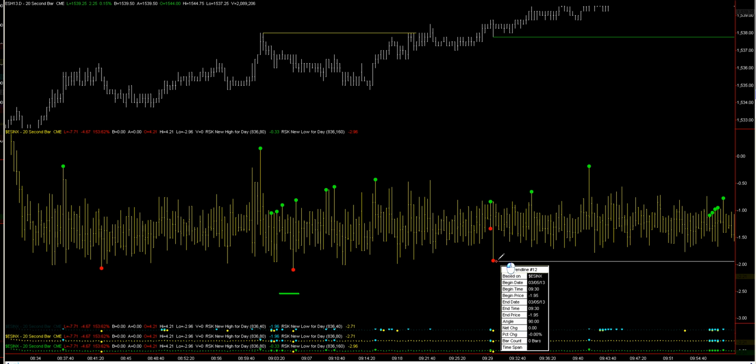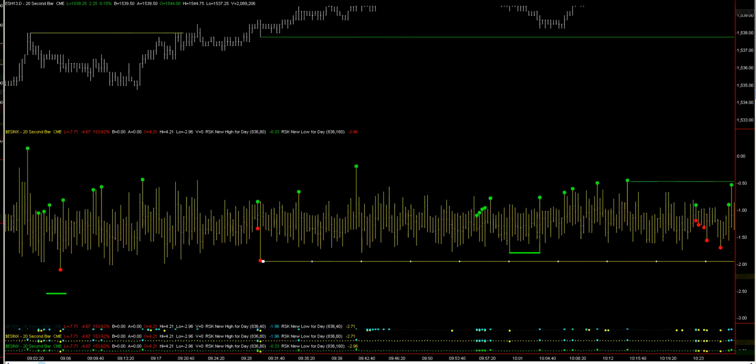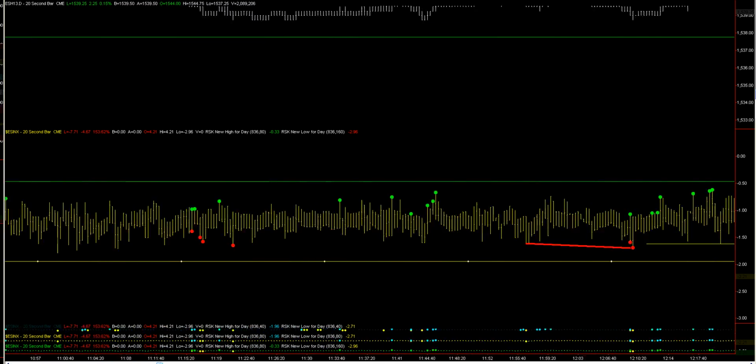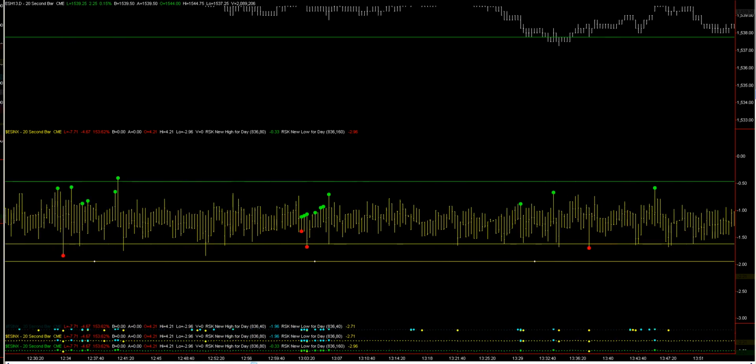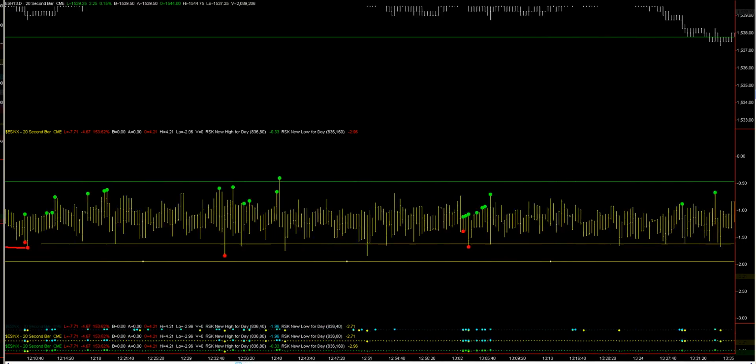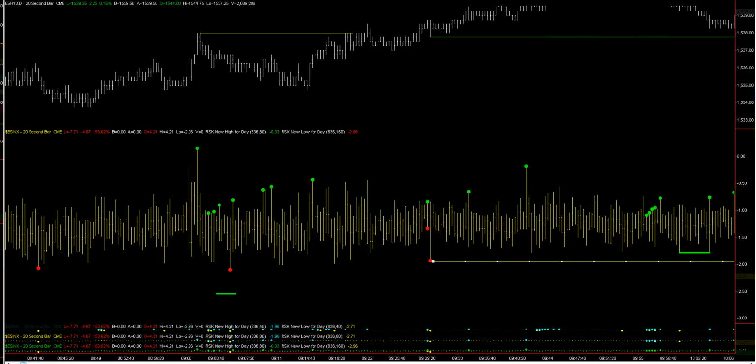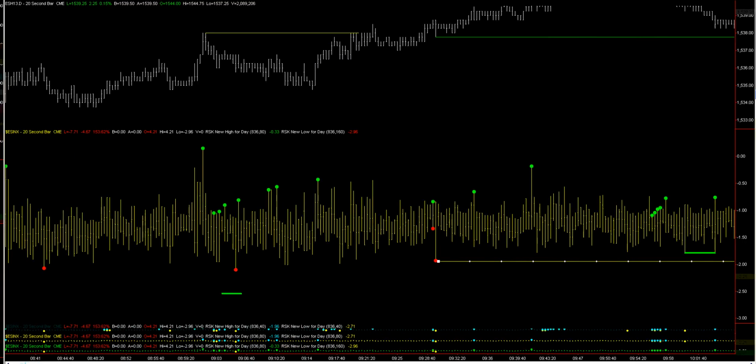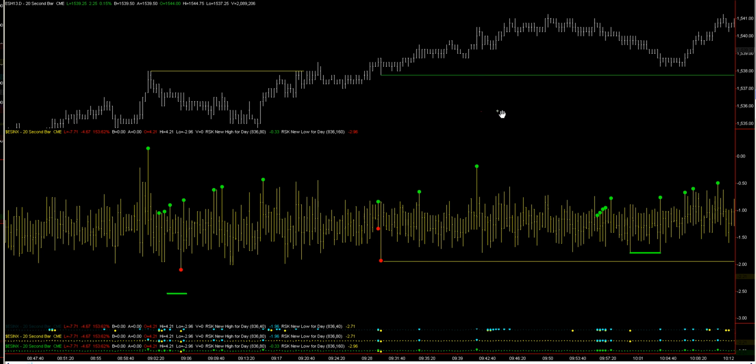So we'll just draw a line right here, and you'll see at no time did the premium go lower until we hit that price. That's the power of the premium. Let's look at some additional setups, or additional bars on the premium that are predictive. Okay, this high on the premium indicates we're going higher.